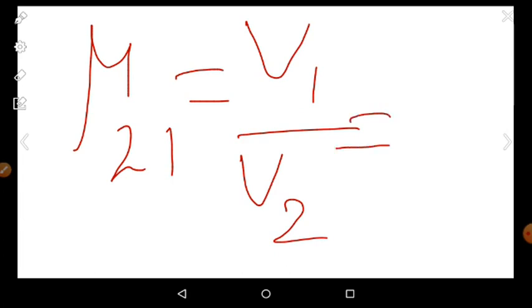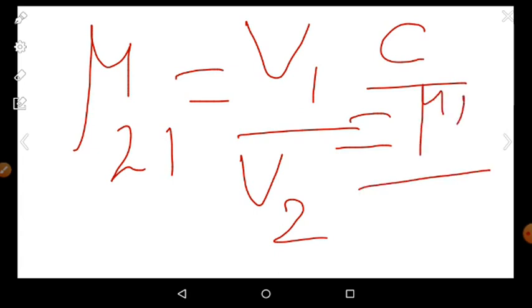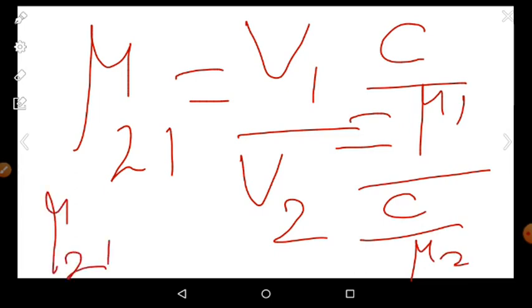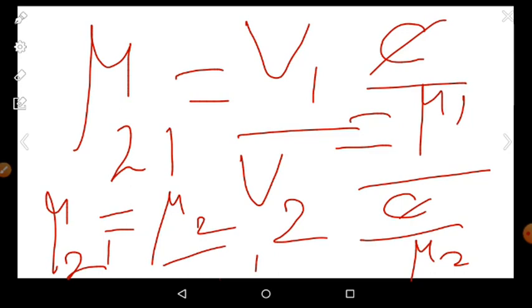Here V, the velocity of light, is C divided by mu 1, whole divided by C divided by mu 2. Then C will be cancelled, and you will have mu 2 divided by mu 1.